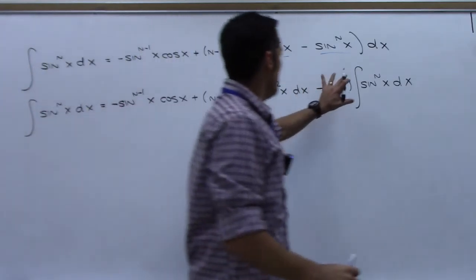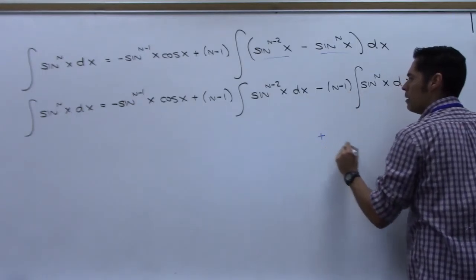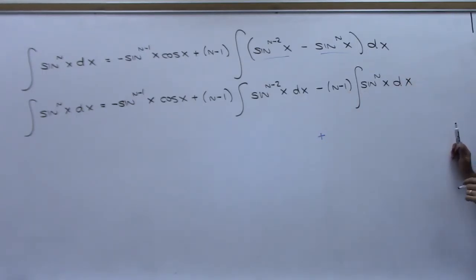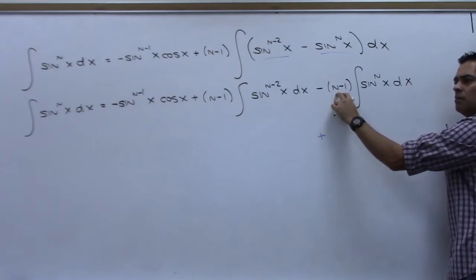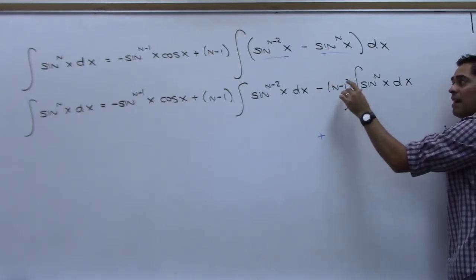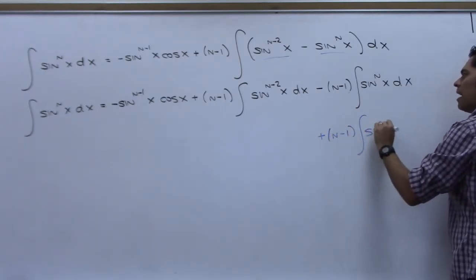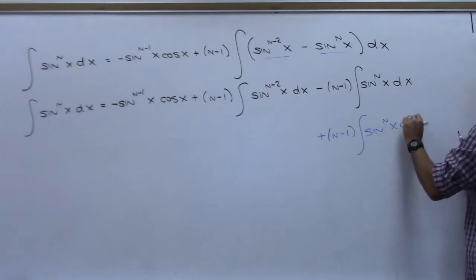How many of them do I have to add to both sides to make it go away over here? N minus 1 of them. Right? This is a number. This might be minus 10, might be minus 5. So I need to add that number. That's how many of those integrals I have to add to both sides, right?